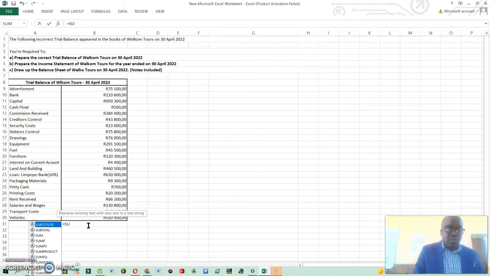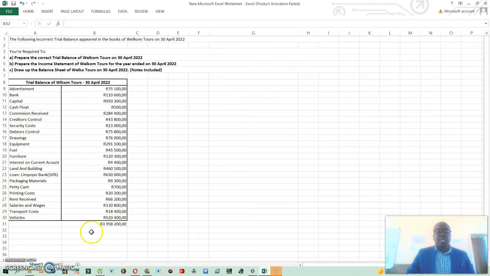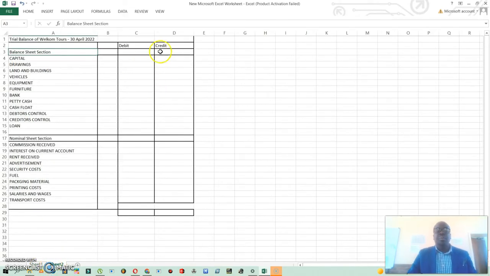So I will need to have the sum of all these amounts, starting from the advertisement down to the vehicles. I'm getting a total of 3,959,200.